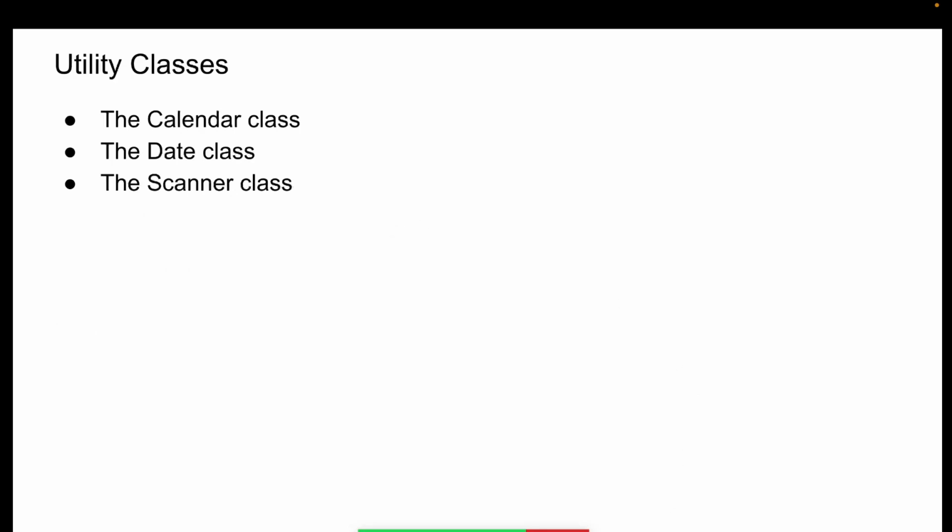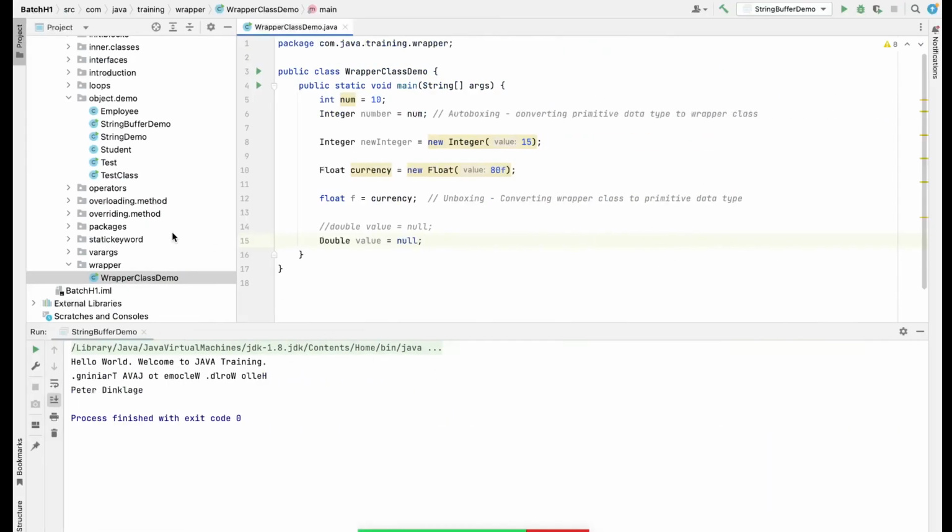Then we have some utility classes. By utility classes, I mean classes like the Calendar class, Date class, and Scanner class. The Date class is basically used to get the date in Java, and the Calendar class is also used to do the same. Let me show you some demos of the Calendar class.